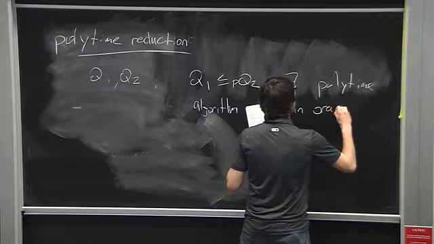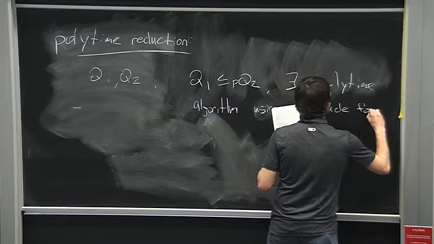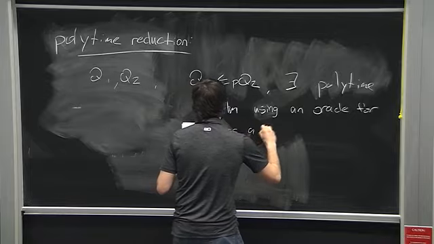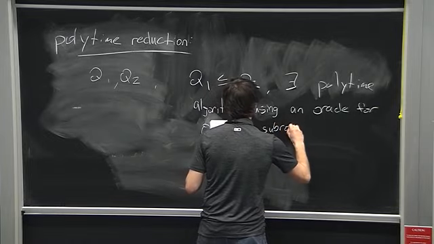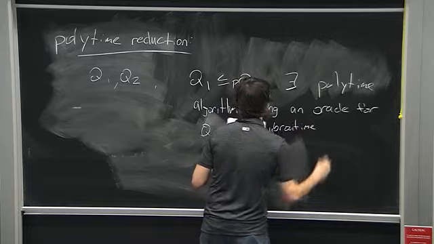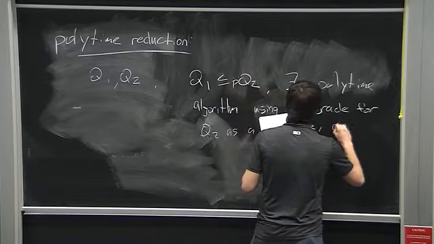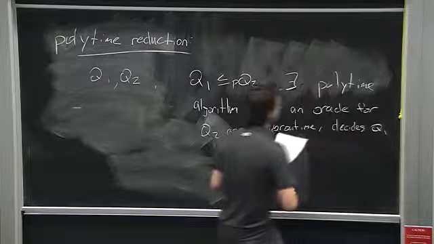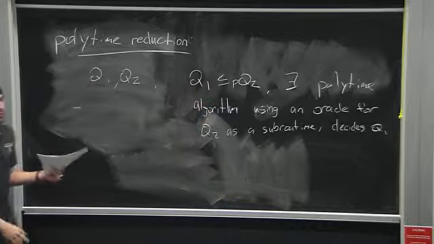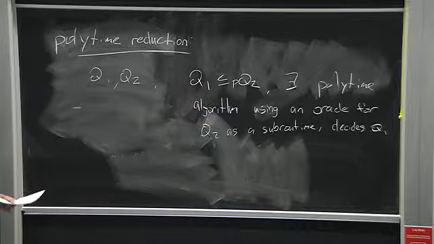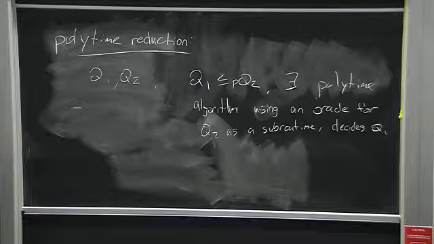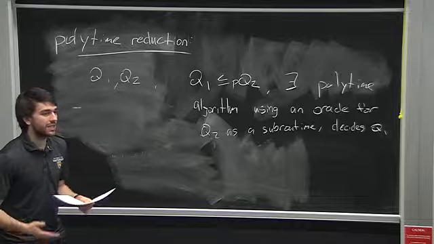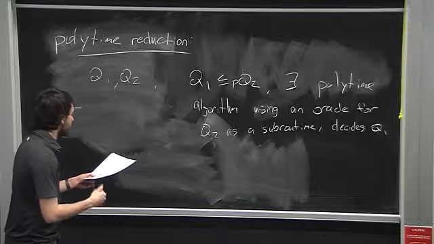And then this algorithm decides Q1. So if using an oracle for Q2, you can efficiently decide Q1, we say that Q1 polytime reduces to Q2. And essentially what it means is if you can solve Q2 efficiently, then you can solve Q1 efficiently.